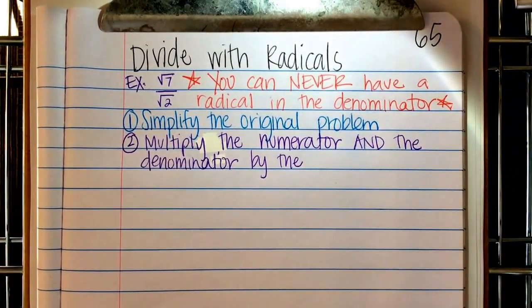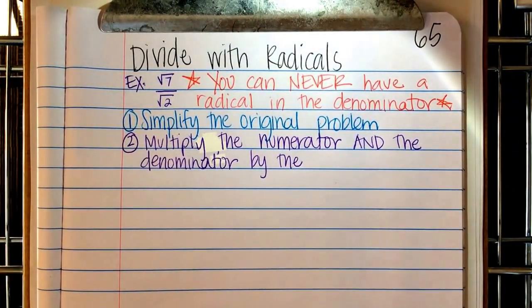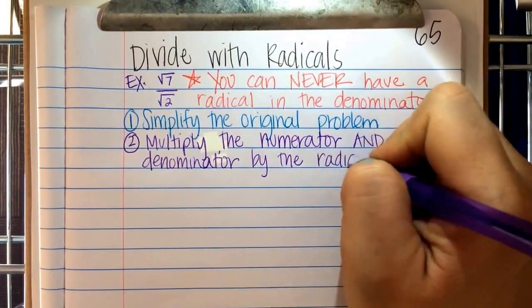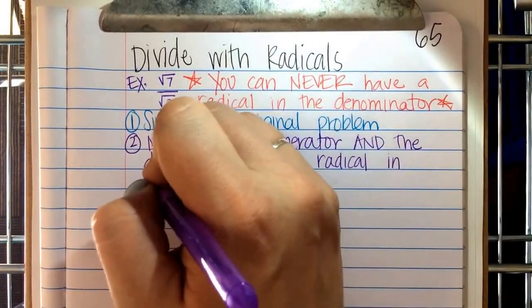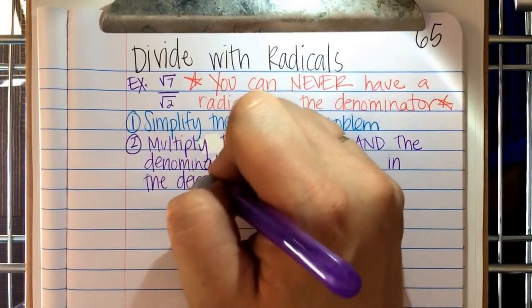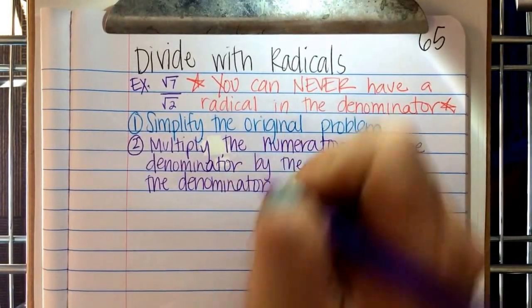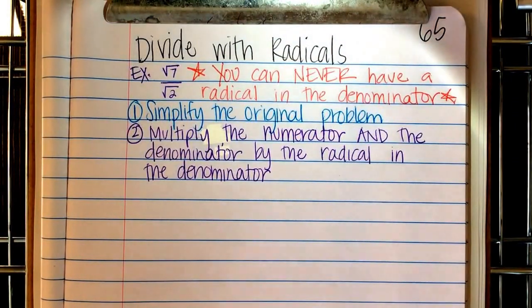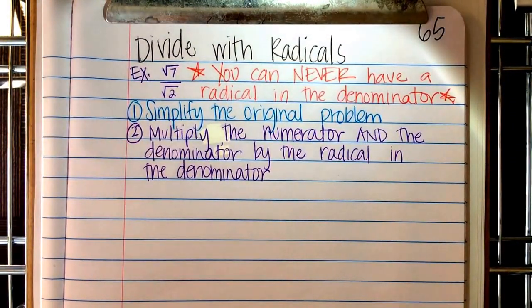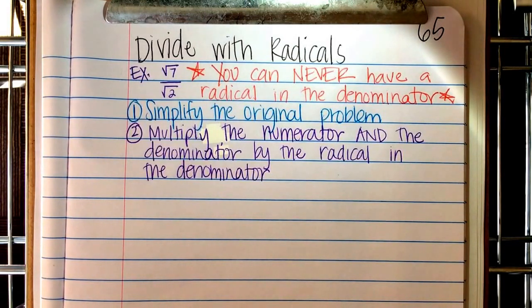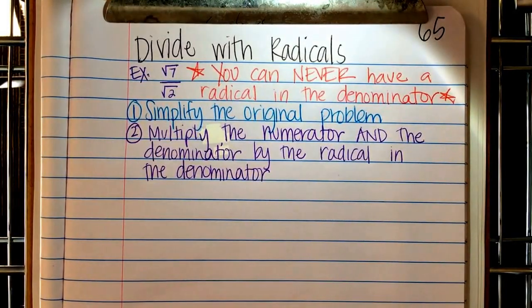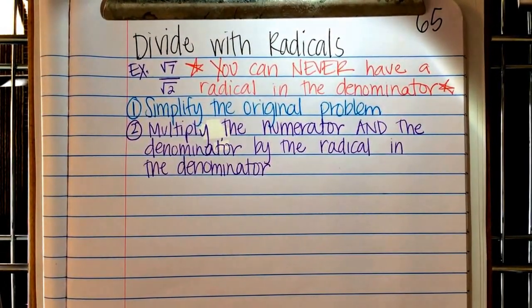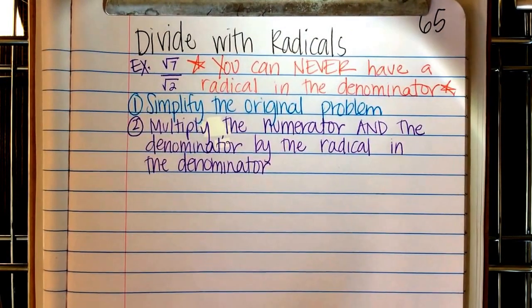You're going to multiply the numerator and the denominator by the radical in the denominator. We're going to rewrite that in kid-friendly terms, but that's what it's going to tell you.